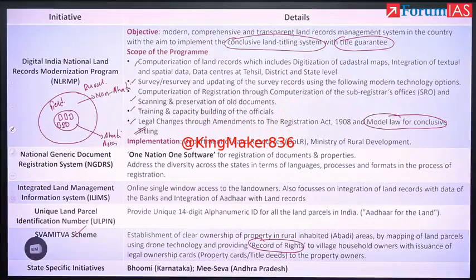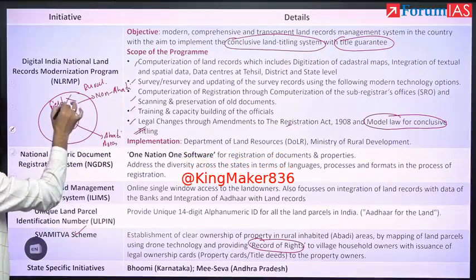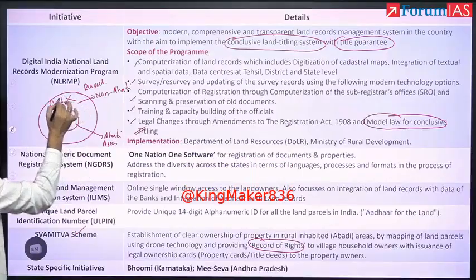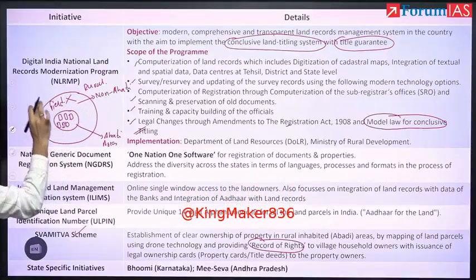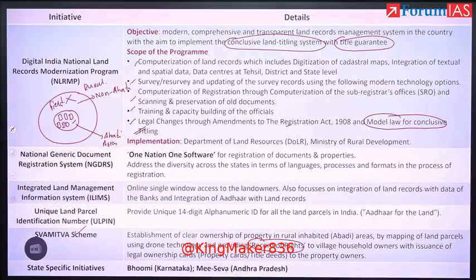Under the Swamitva scheme, first and foremost, it does not provide for ownership rights over the agricultural field. Swamitva scheme is covering only what areas? Abadi areas, which is very important for your prelims. In Abadi areas, we are using drone technology. By using drone technology, we are carrying out a survey. After carrying out a survey, we are providing for record of rights. For what? Not for agricultural land. What are we giving record of rights for?